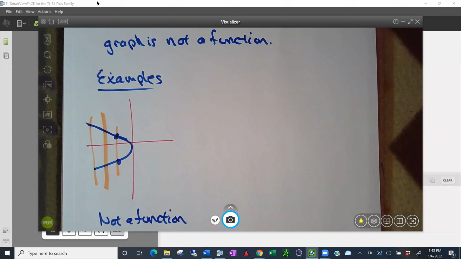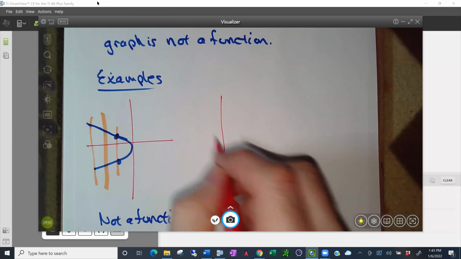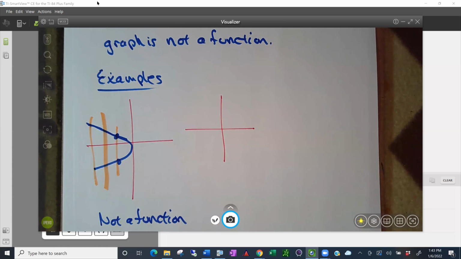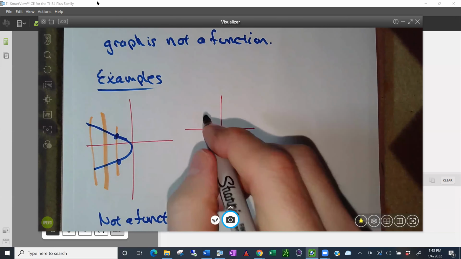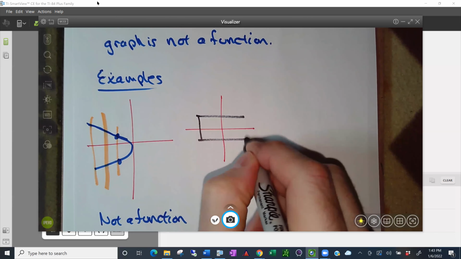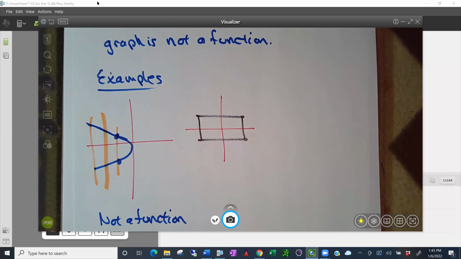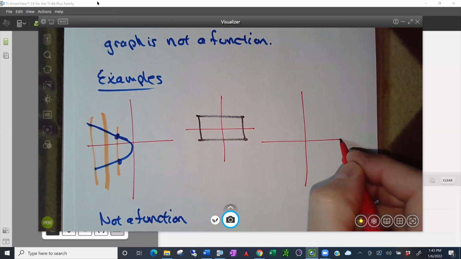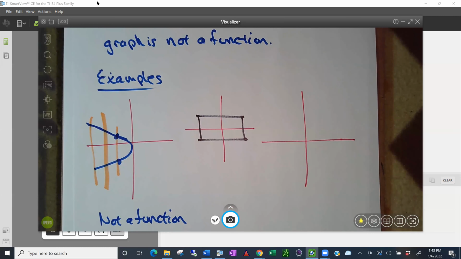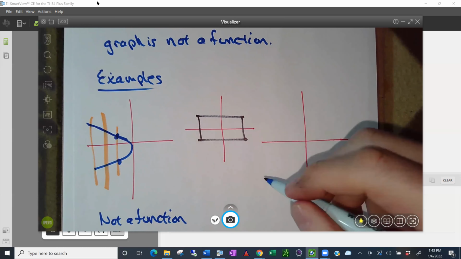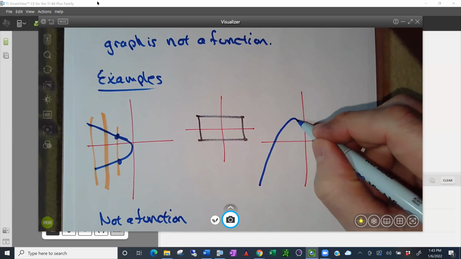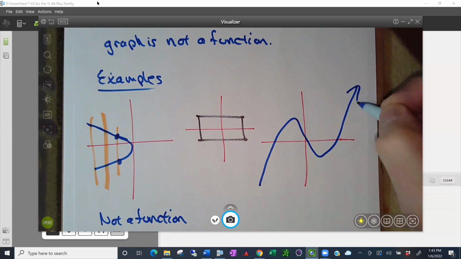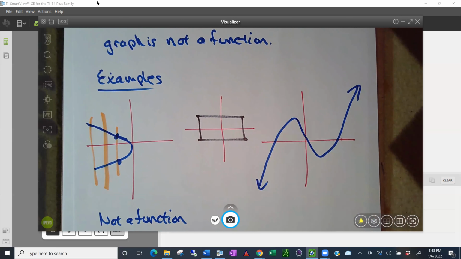How about a couple more here? Let's take a look at a rectangle. So I'll draw a little rectangle for our figure here. What else can we draw? Some kind of a cubic function. So something like that.